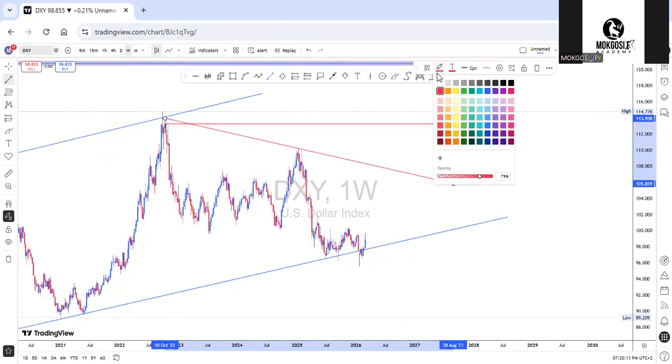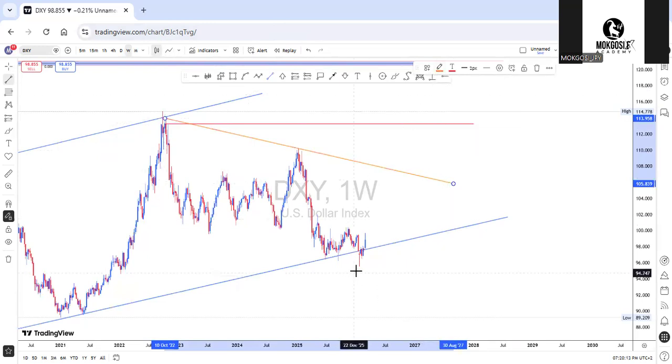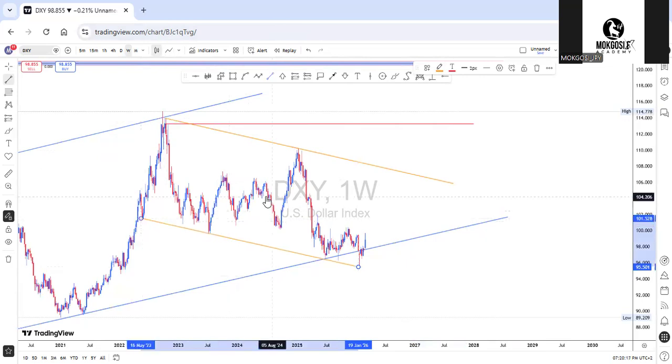We have a trend line here, which is our resistance trend line, and then we have a trend line here, which is our support trend line.